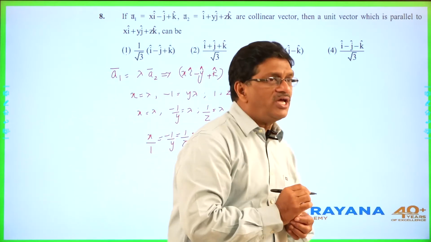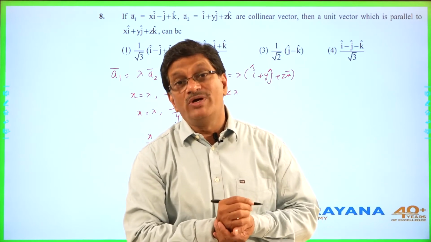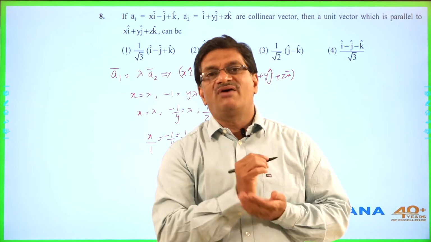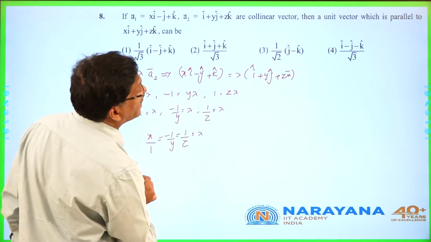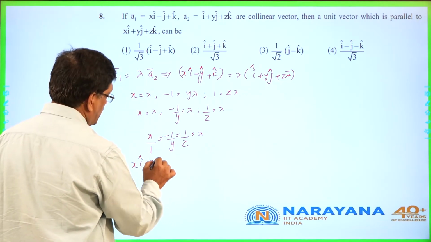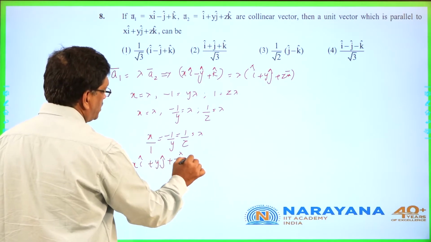Then I want a unit vector parallel. We know that the unit vector parallel to the given vector is plus or minus the vector by its magnitude. So it is xi plus yj plus zk.